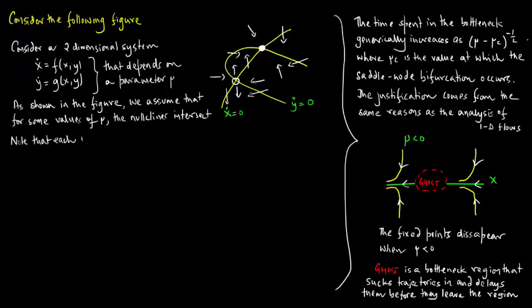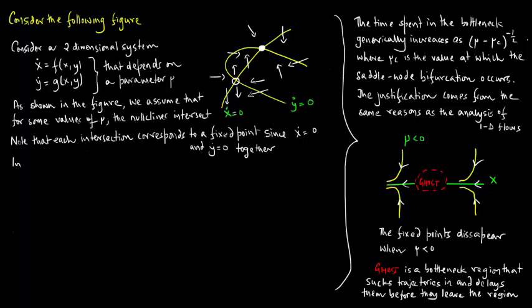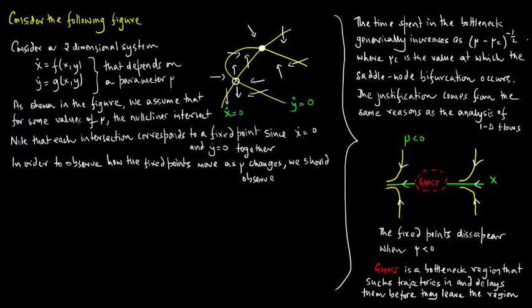Note that each intersection corresponds to a fixed point, since x dot is equal to 0 and y dot is equal to 0 together. In order to observe how the fixed points move as mu changes, we should be observing the intersections.